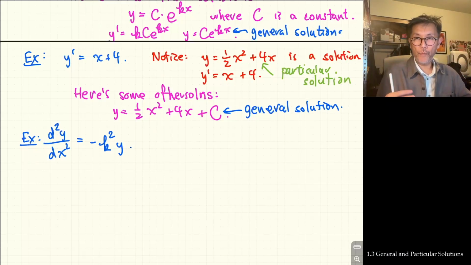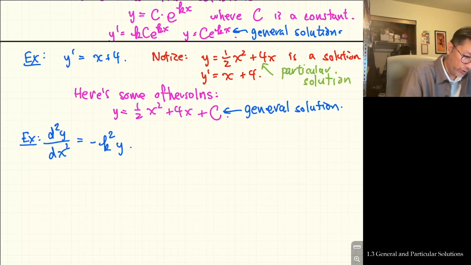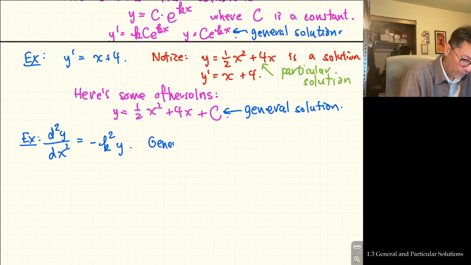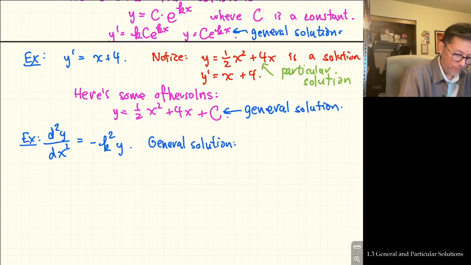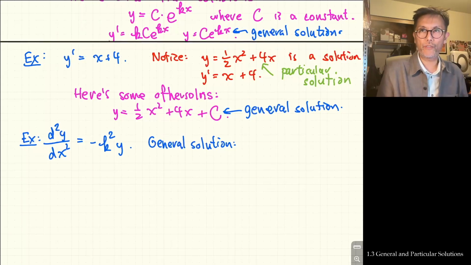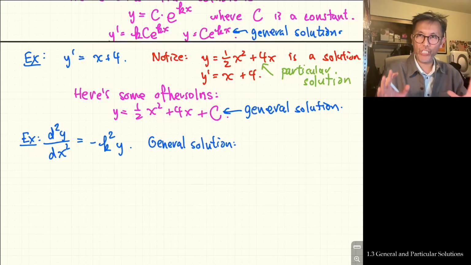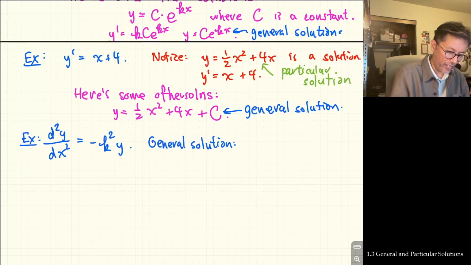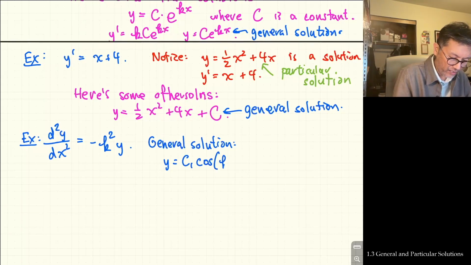And I'm just going to tell you that the general solution, this is going to be easy to see when we learn how to solve these differential equations. But for right now, just believe me that the general solution looks like y equals c1 times cosine kx plus c2 sine kx.